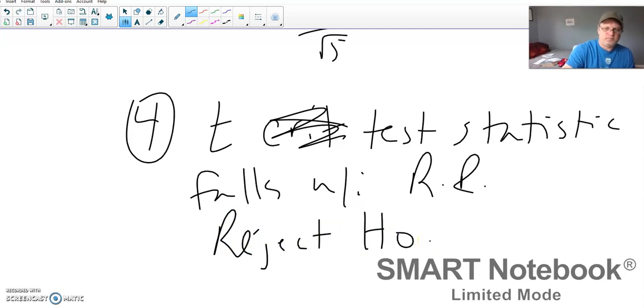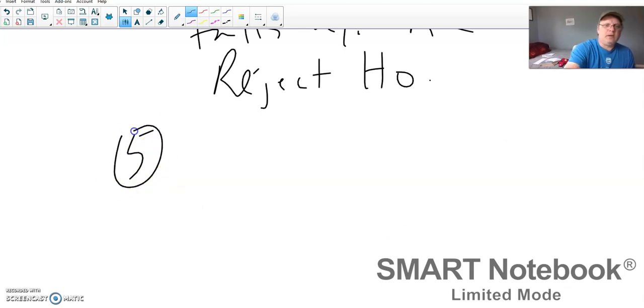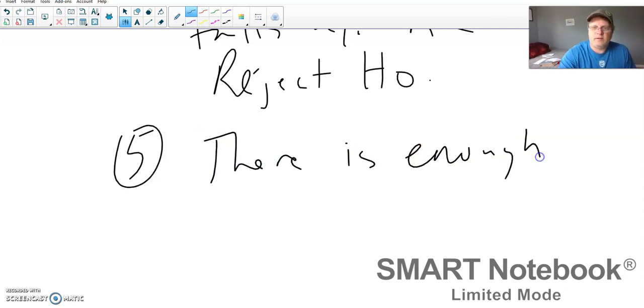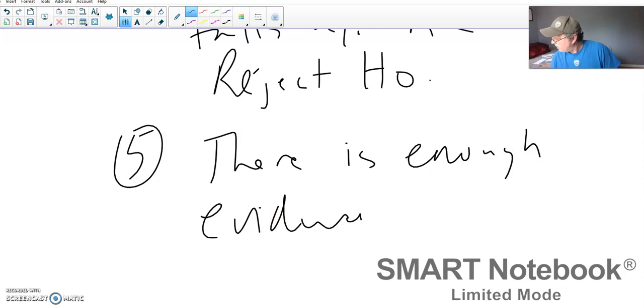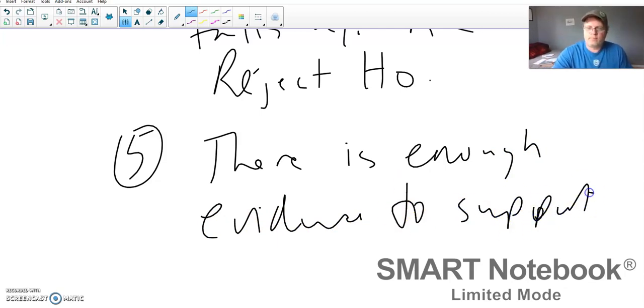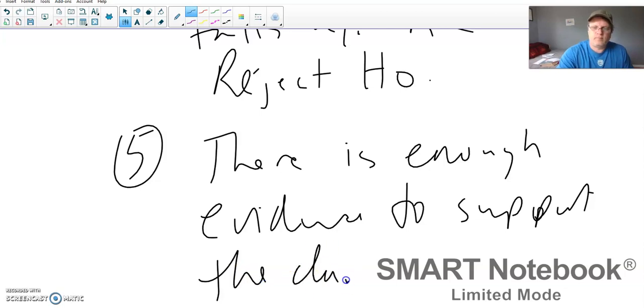And then the last step: you reject the null hypothesis. The alternate hypothesis is the claim. So there is enough evidence to support the claim.